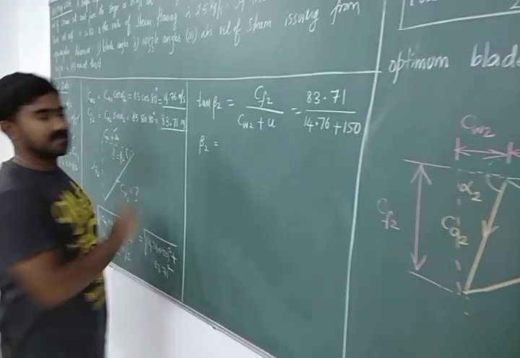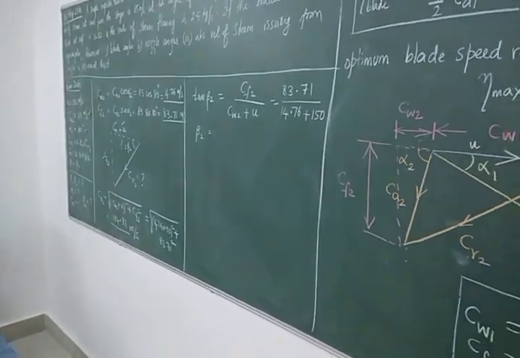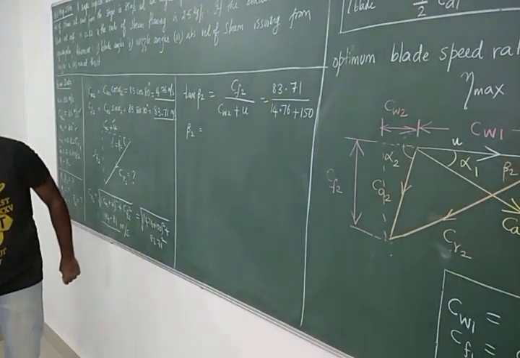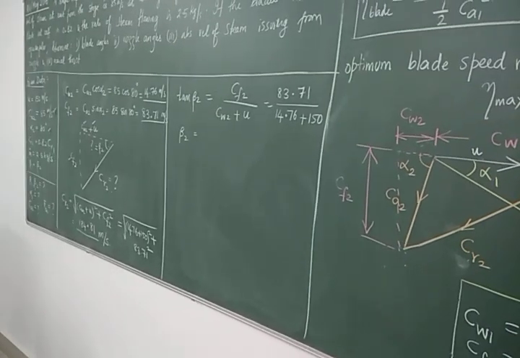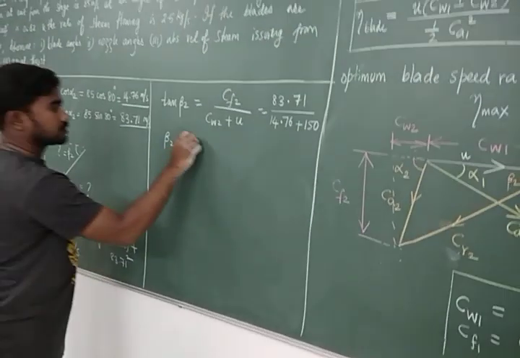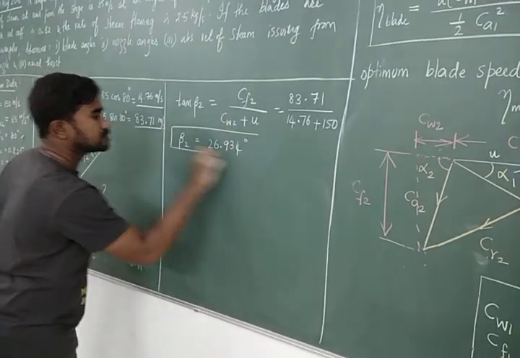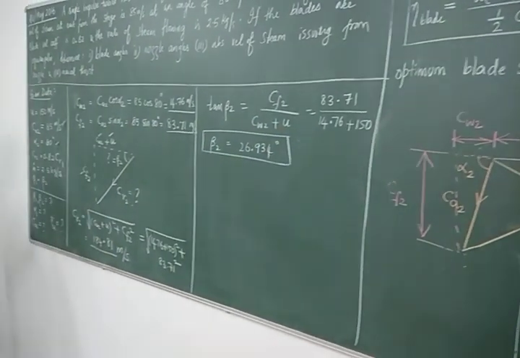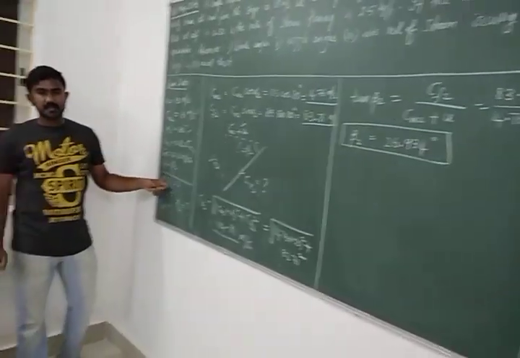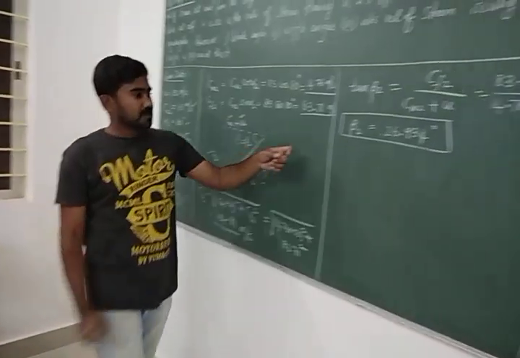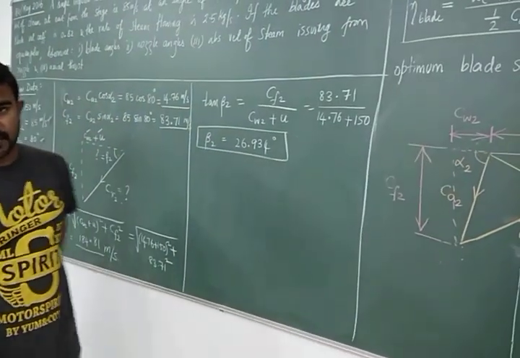Invert the tan, and then you are going to get beta 2 to be equal to 26 degrees, or 26.94 degrees. This is beta 2. Now one data is found. We found beta 1 is equal to beta 2. Both are equal to 26.94 degrees.